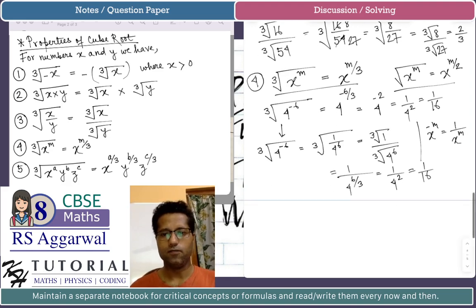Property 5 is just an extension of property 4.